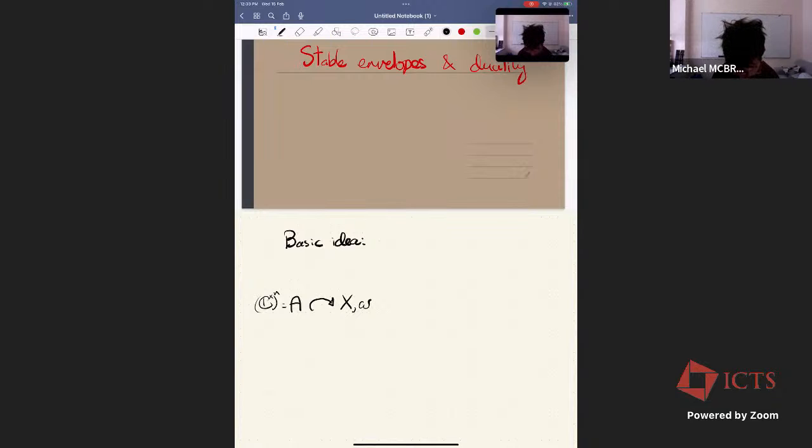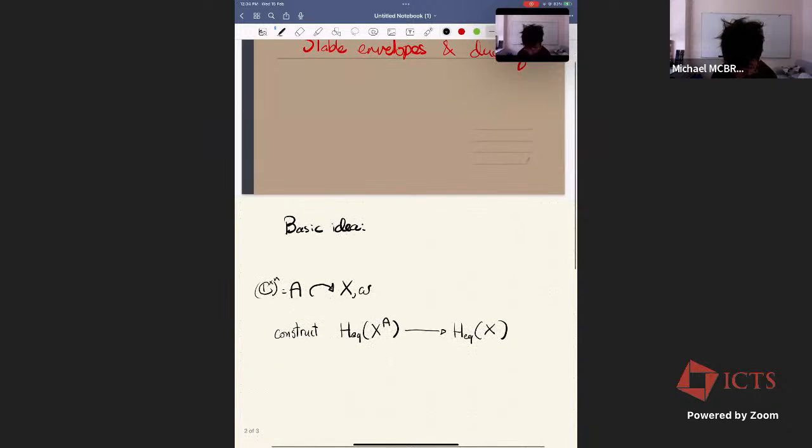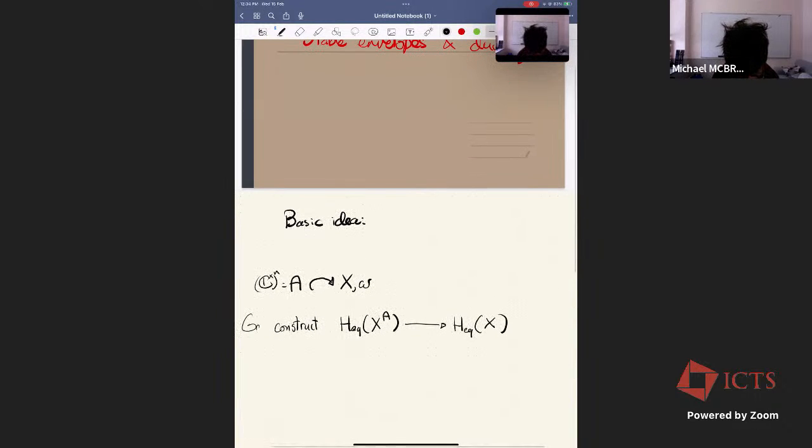And you want to construct a map from the equivariant cohomology of the fixed points of X, rather, to the equivariant cohomology of the whole space, satisfying some nice properties. So that's the goal.